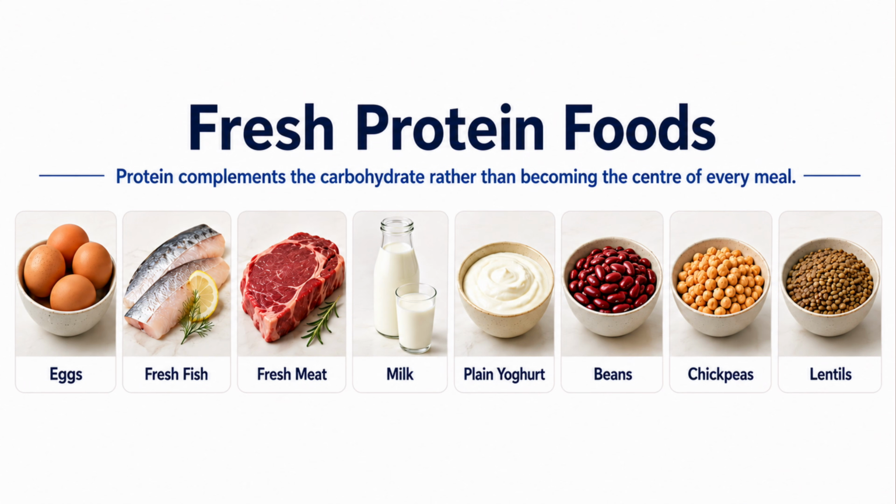Then protein would still be included, but it would complement the carbohydrate rather than becoming the center of every meal. So again, this is almost the opposite of what you have been told. The protein could come from eggs, fresh fish, fresh meat, milk, plain yogurt, and perhaps beans, chickpeas, or lentils when they digest comfortably. And the major distinction here would be fresh rather than preserved.